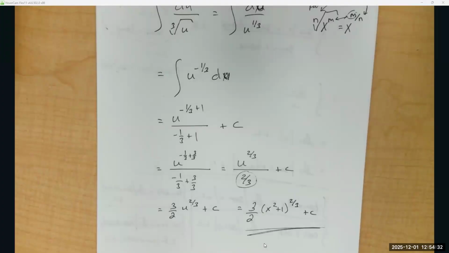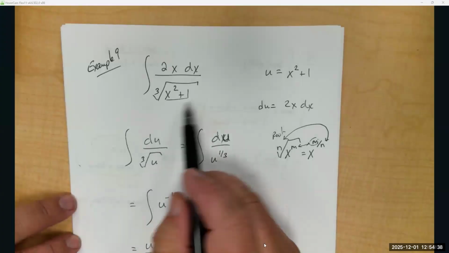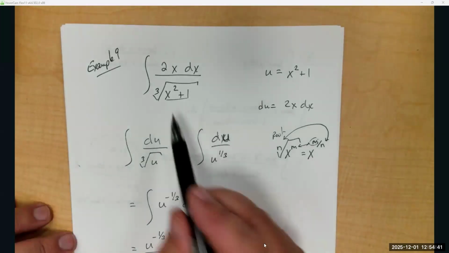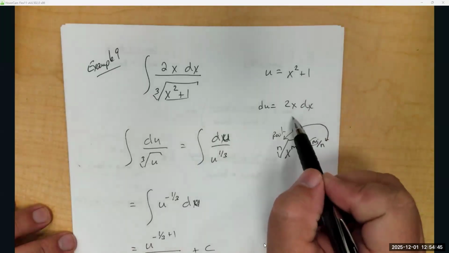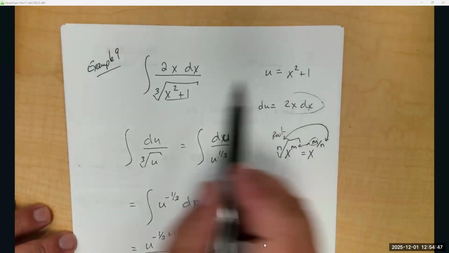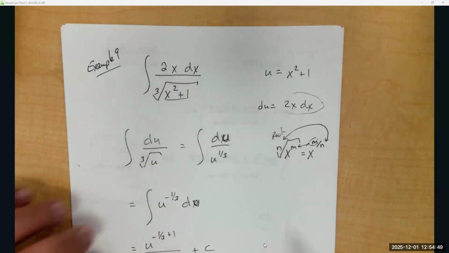You got a little bit easier? It's just that, again, another hard part is making sure you pick the right u. Because when you pick u, take the derivative, and you have to make sure that that is somewhere up here. Think about it.